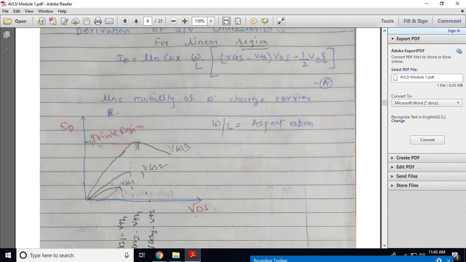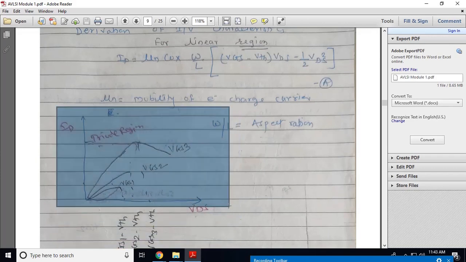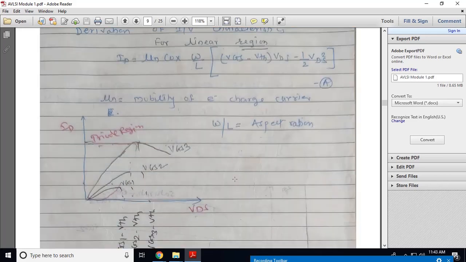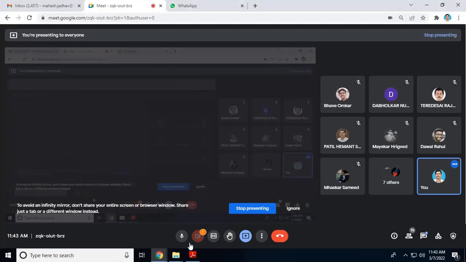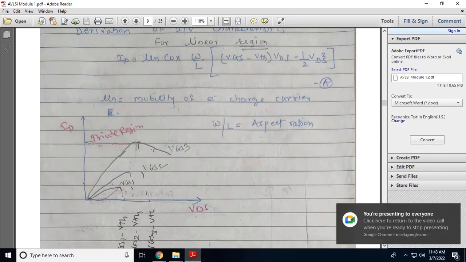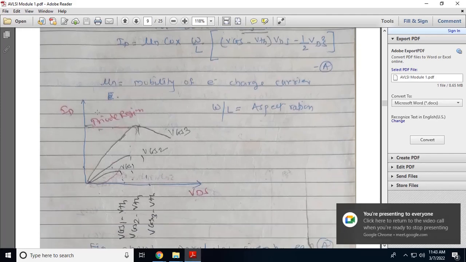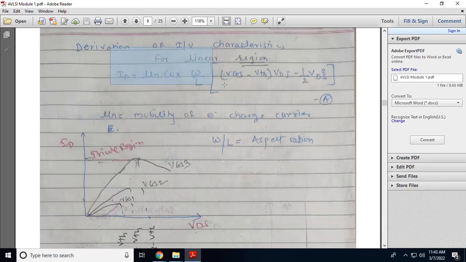Now see this graph, we will see the equation of drain current in the linear region and saturation region. So this is the equation for the linear region.